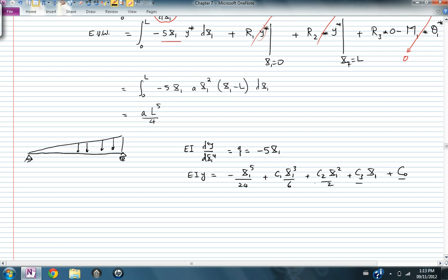To find those 4 constants, I need 4 boundary conditions.